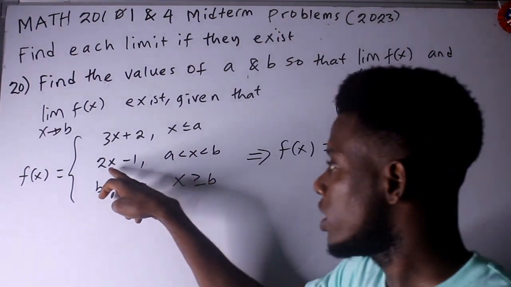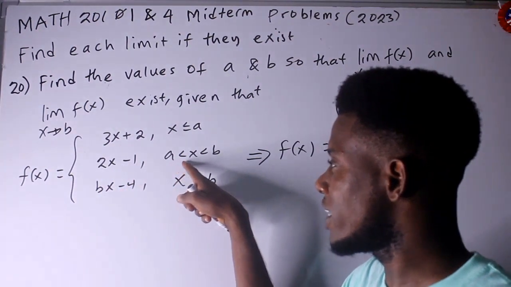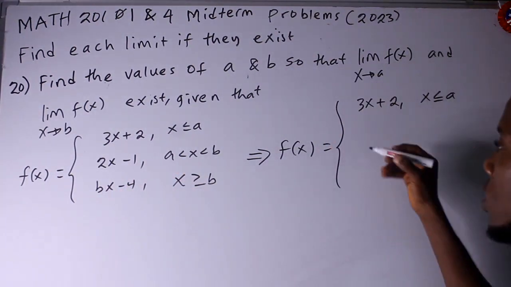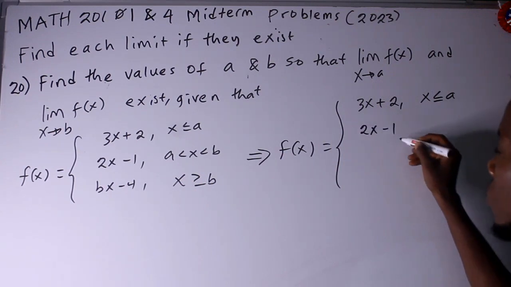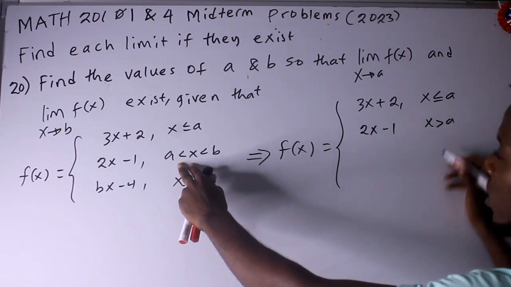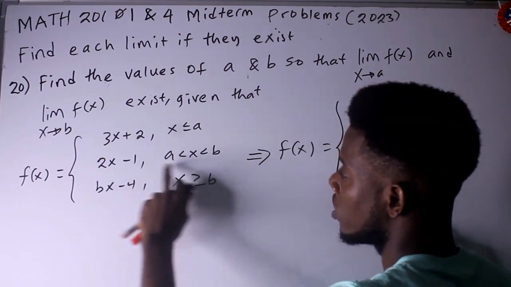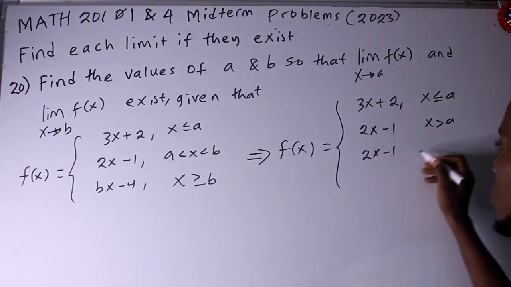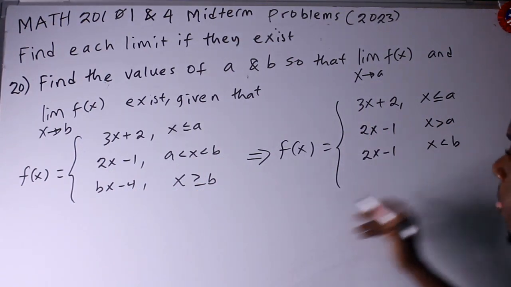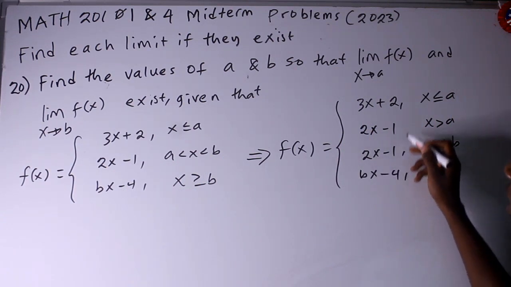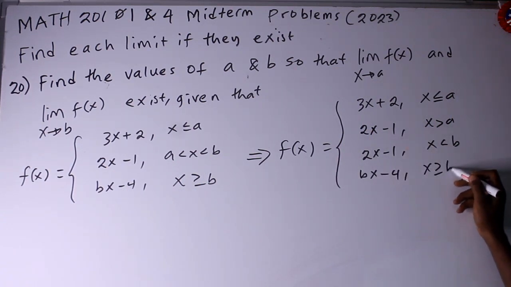It is 2x minus 1 if x is greater than a, and the same 2x minus 1 if x is less than b. And then it is bx minus 4 if x is greater than or equal to b.